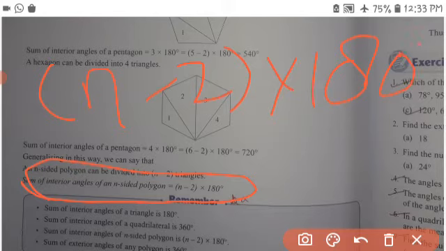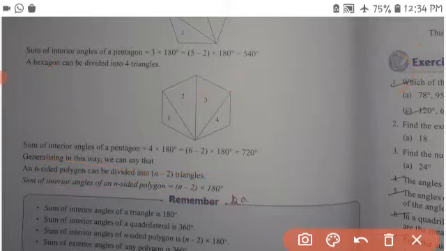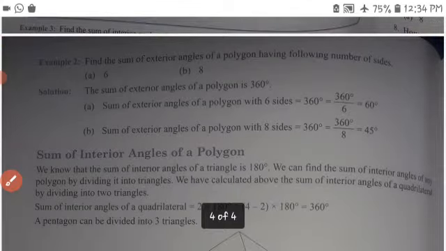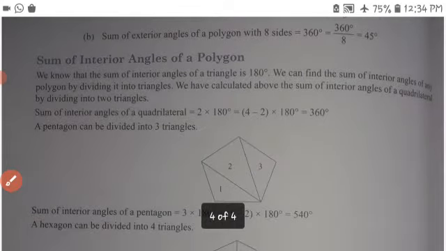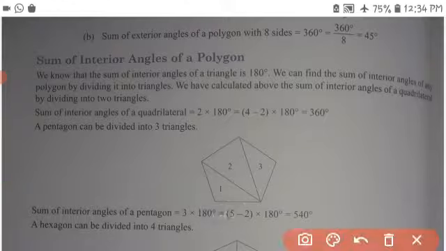That is your formula. Or the sum of interior angles of a polygon is (2n minus 4) into 90 degrees.